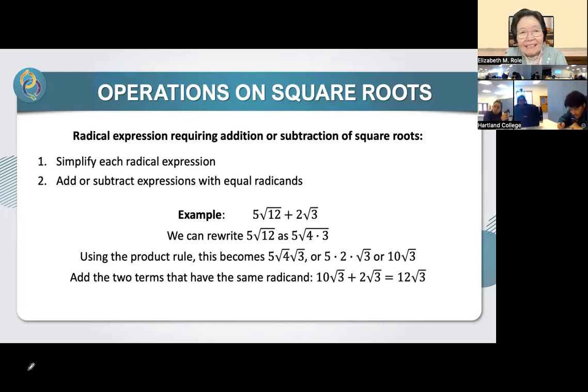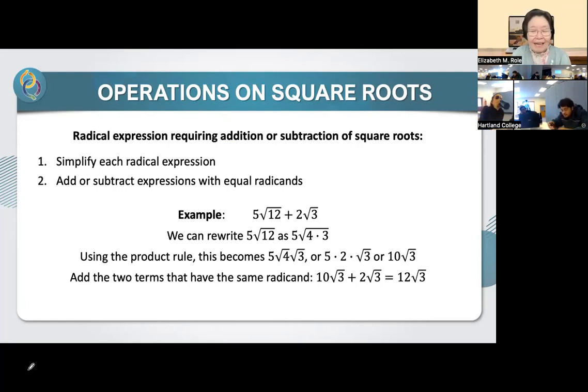Okay, so it says when we have addition or subtraction of square roots, the first thing we'll have to do is simplify the radical expression, and then see whether we have terms that have the same radicand. When I say same radicand, I mean having the same number under the square root sign.